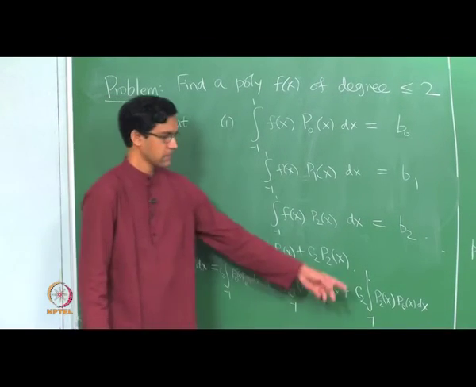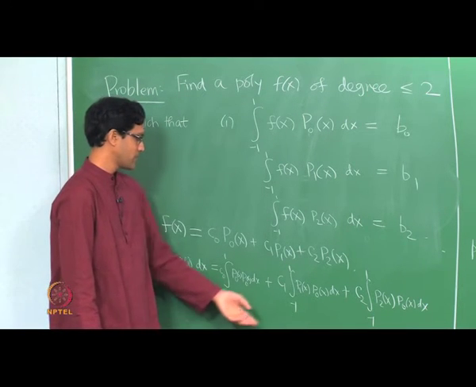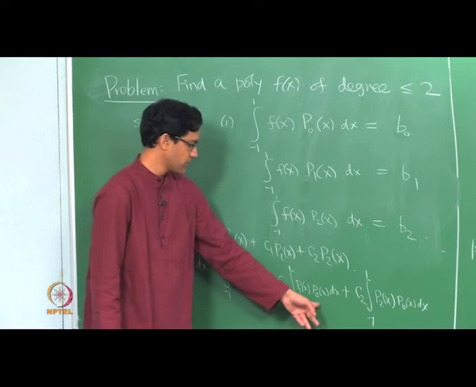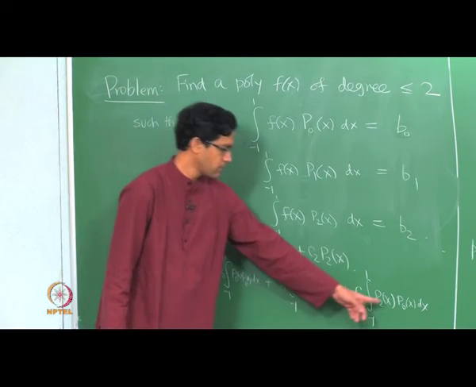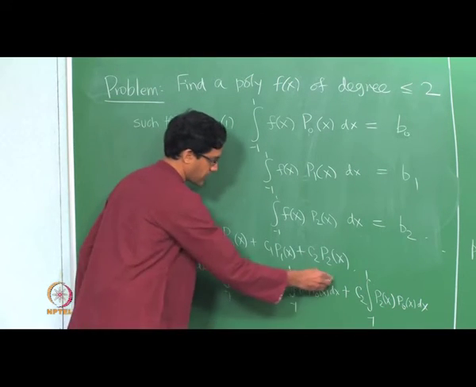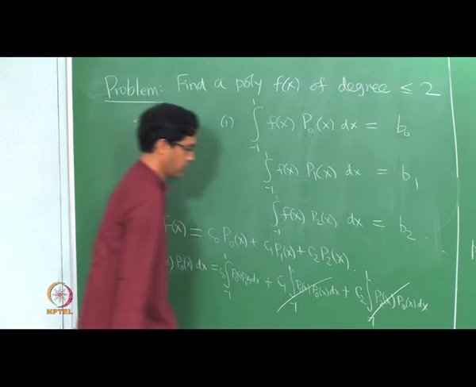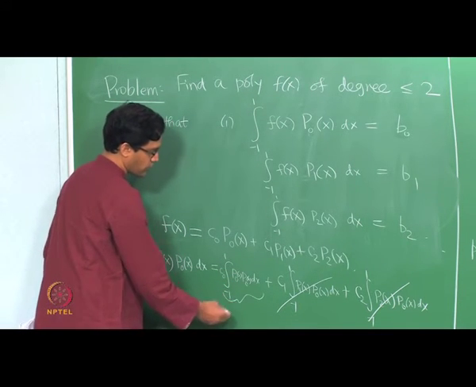And now it becomes clear why this orthogonality is important, because what orthogonality says is that the integral of p1 p0, because these are two different Legendre polynomials, and the integral of p2 p0 would both be 0. So in fact both these integrals are actually 0, and this integral here is some known constant, integral of p0 with p0.